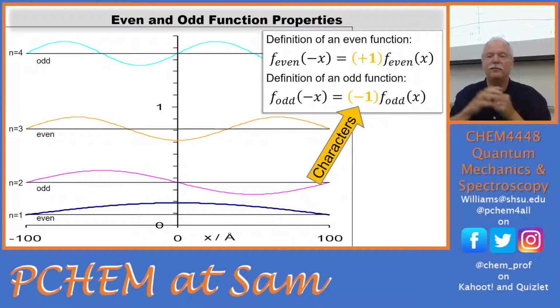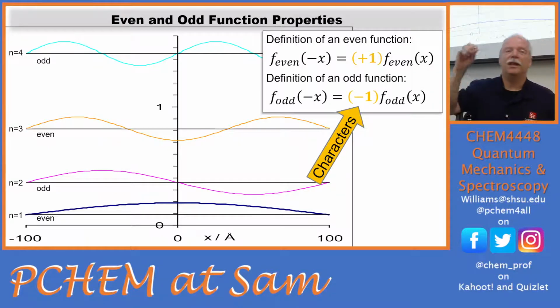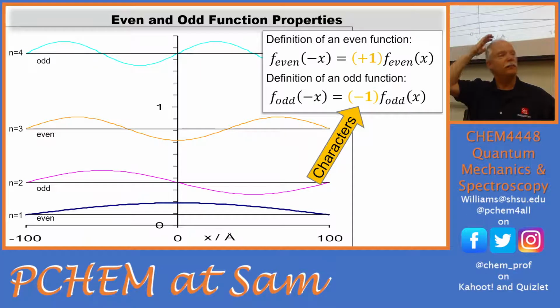So here's a couple of definitions, and I know they're written out for you, but maybe you want to rewrite them in your own handwriting, okay, as we're talking about this, so that you understand what I mean by f of minus x equals plus 1 times f of x and so on. Sometimes, even if you're just copying it, it's going through your eyes, bouncing around in your head, out your hand, and that's a great way to sort of cement things in your brain.